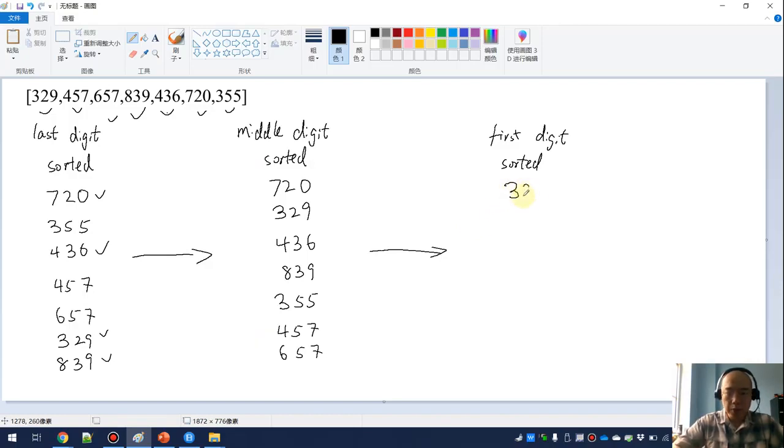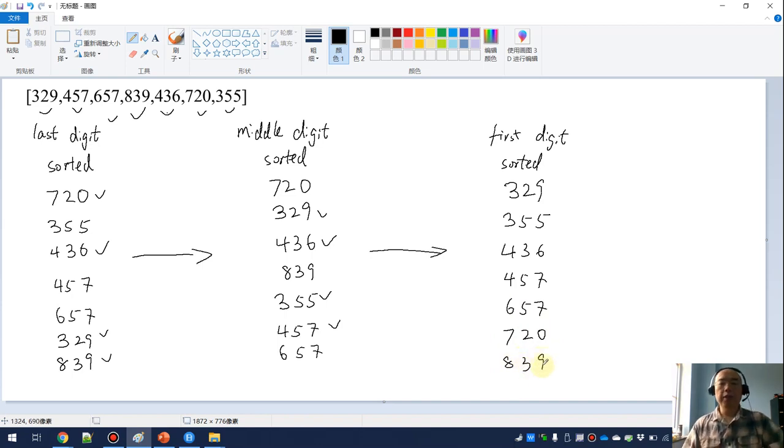So 3 29, and then we have another 3, 3 55, and then we have 4 36, and then 4 57, and after 4 we have 6. Okay, we have 6 57, and then 7 20, and then 8 39.